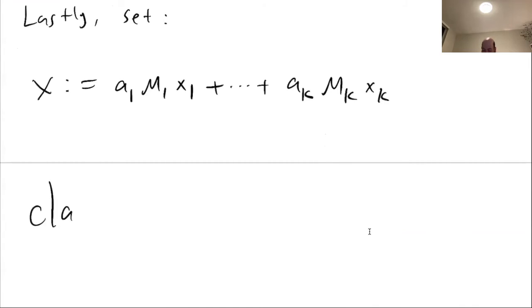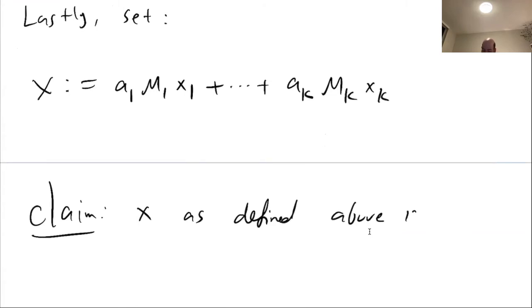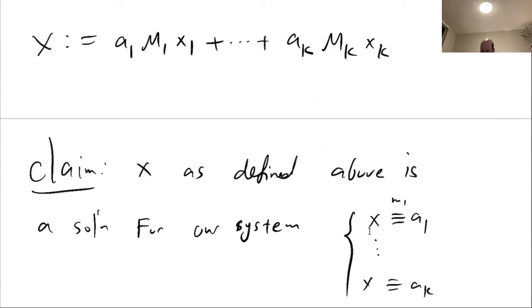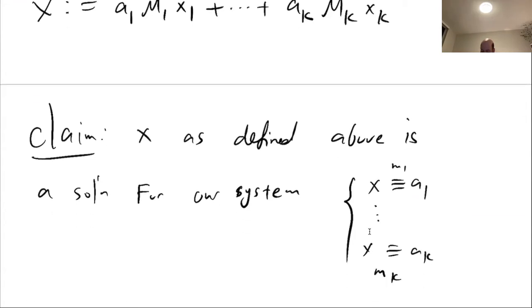So the claim is that X as defined above is a solution for our system, which was X congruent to A1 mod M1 all the way to X congruent to AK mod MK.